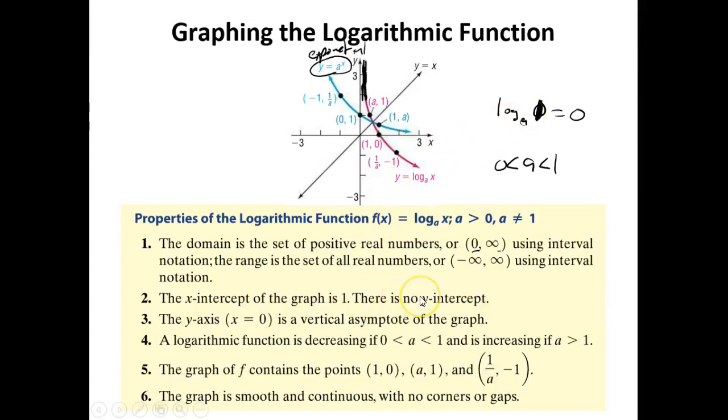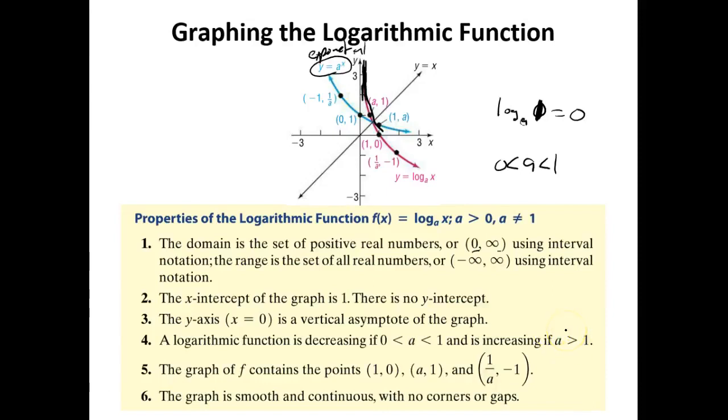There is no y-intercept. It never crosses the y-axis. That's because the y-axis is a vertical asymptote of the graph. The logarithmic function is decreasing if a is between 0 and 1. So like I was saying, this one is going down. That's because a is between 0 and 1. It would be increasing if a is greater than 1.